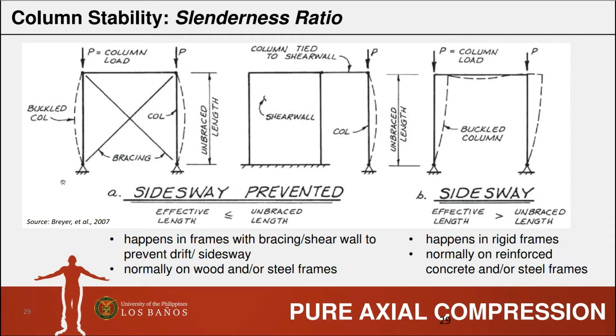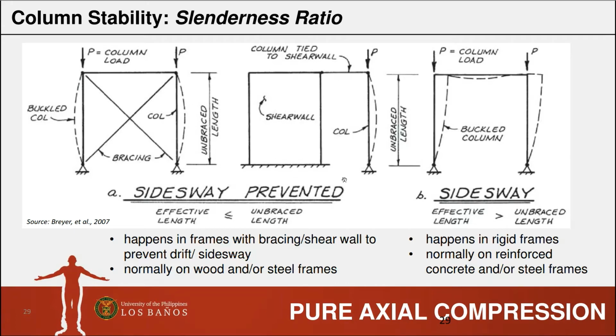Now, for side sway prevented, as you can see here, to prevent side sway in columns, bracings are most likely applied. Cross bracings are applied here, so buckling will still occur, but there will be no side sway.